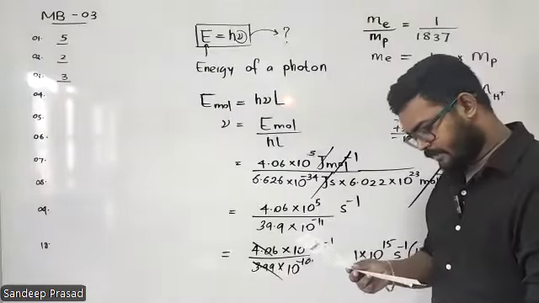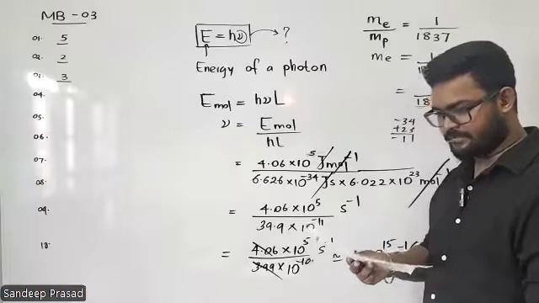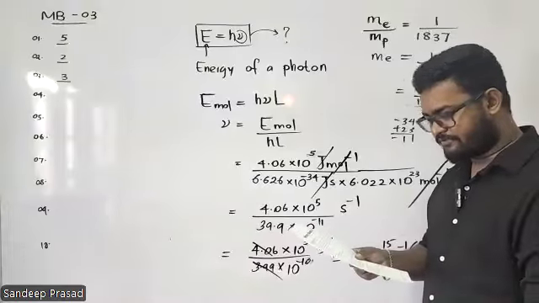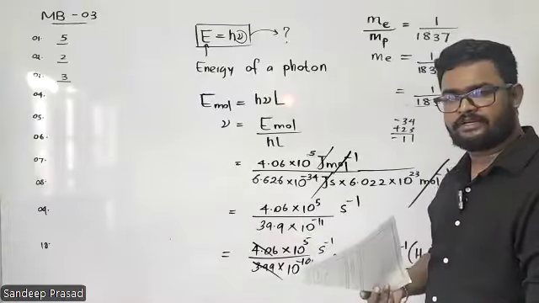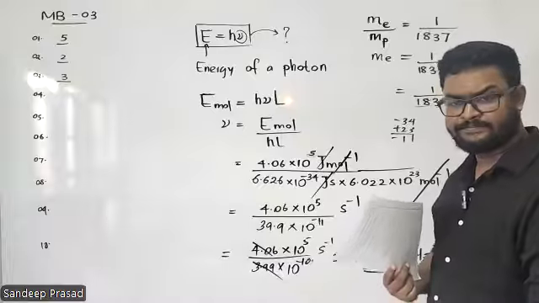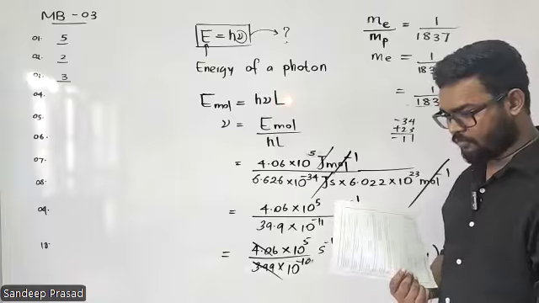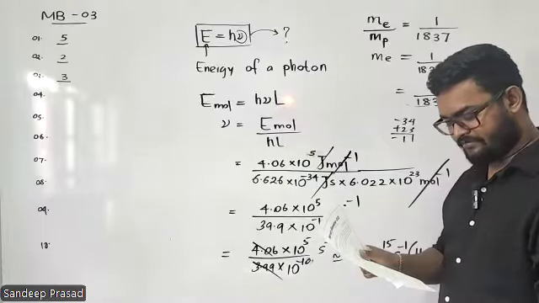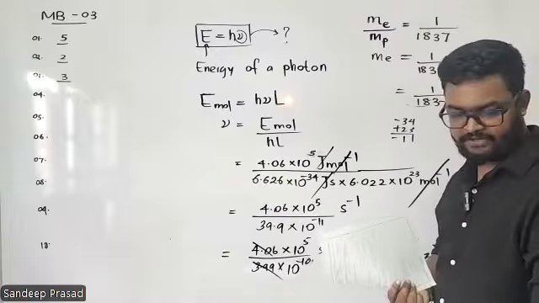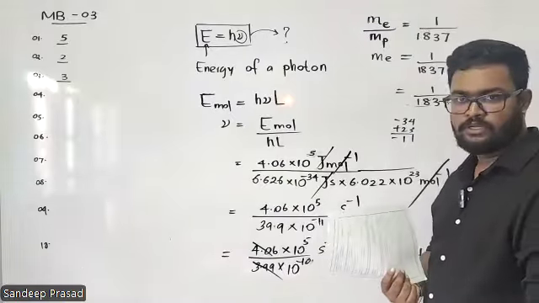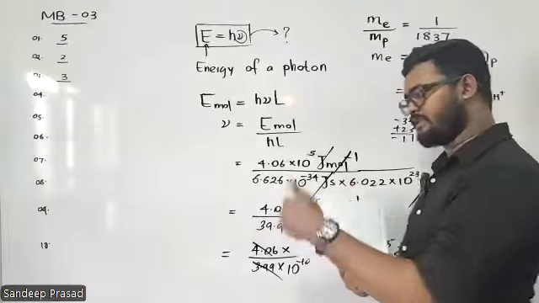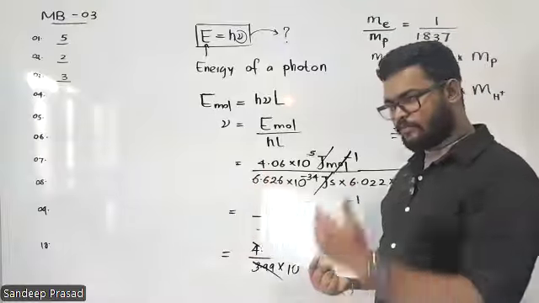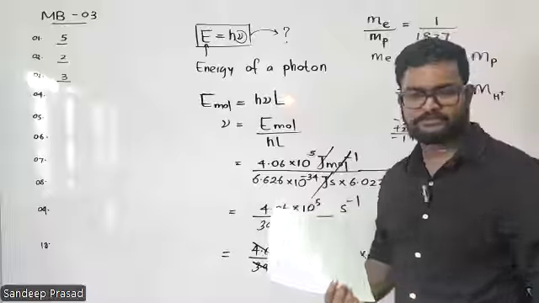Number four is related to the gold foil experiment. Let's see. Majority of alpha rays move without being deflected. Is that true or false? Yeah, that's true. From that only, Rutherford decided that most of the space in the atom is empty.